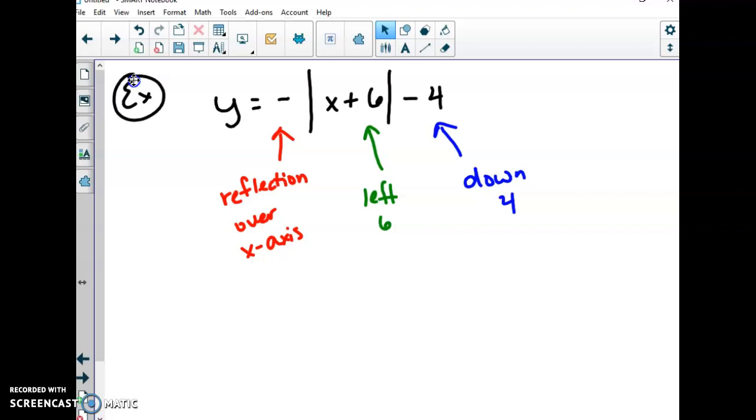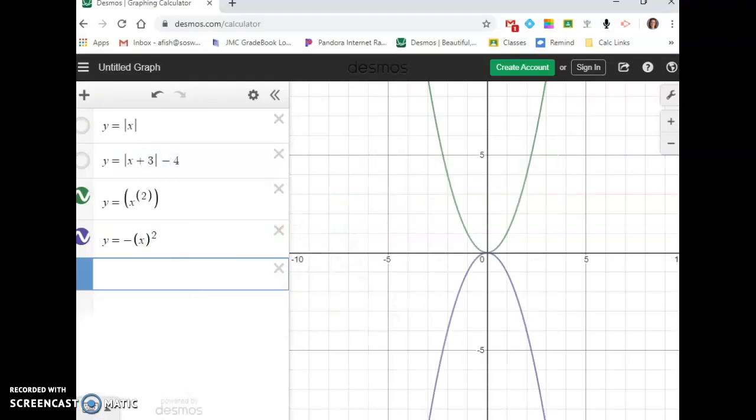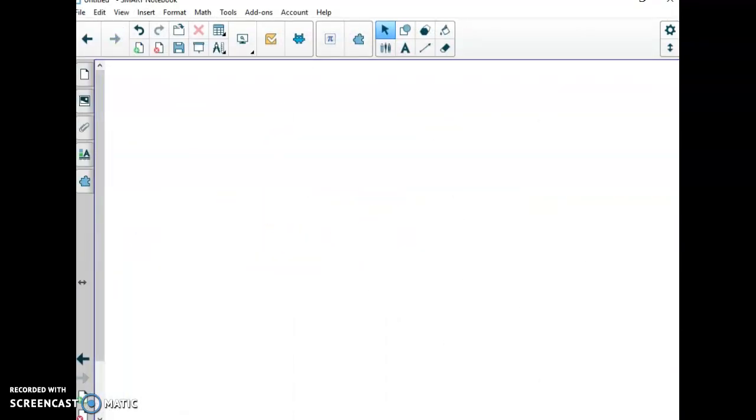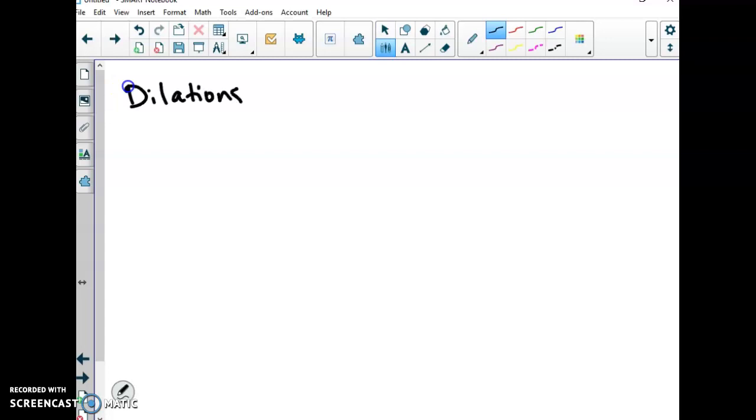The last one that we need to talk about are stretches and shrinks, aka dilations. With a dilation, you're obviously going to have either a shrink or an enlargement. There are two different types of stretch and shrinks.